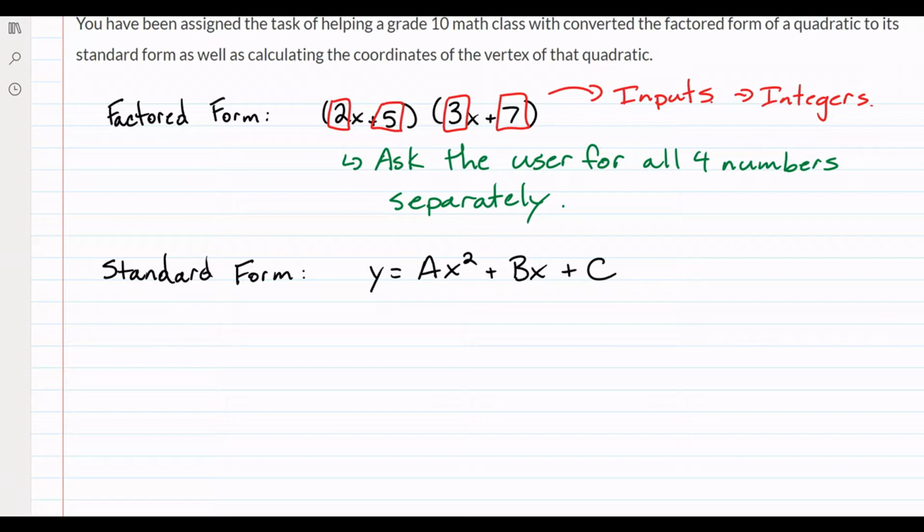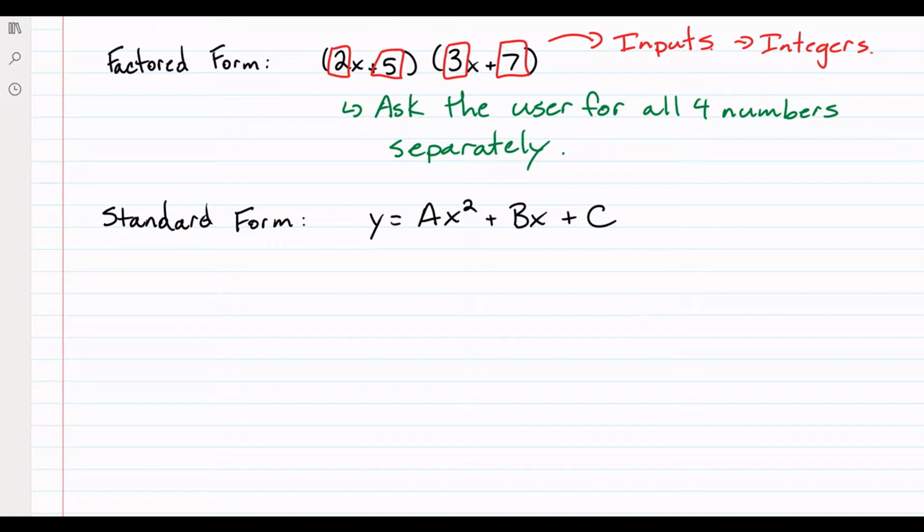To go from factored form to standard form, I have to expand that binomial. If you remember, they usually say that you use the FOIL technique: first, outside, inside, last, to do the expansion of the binomial.